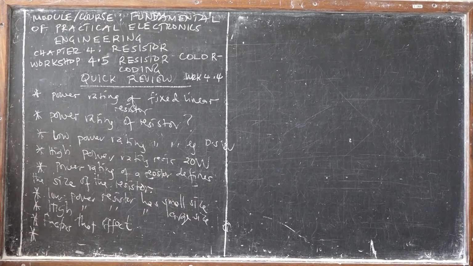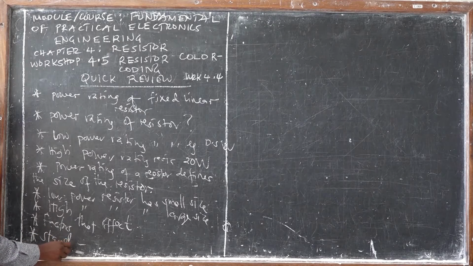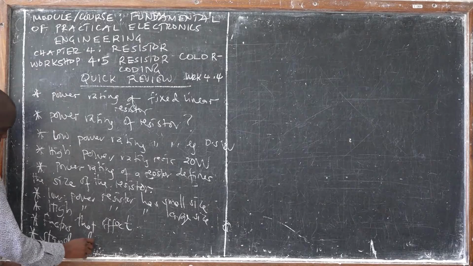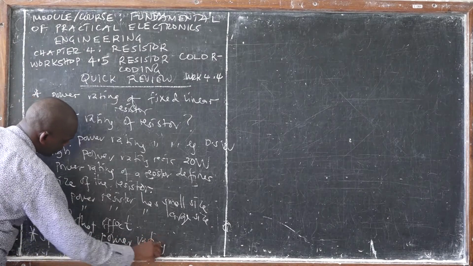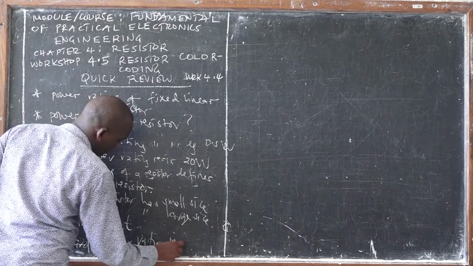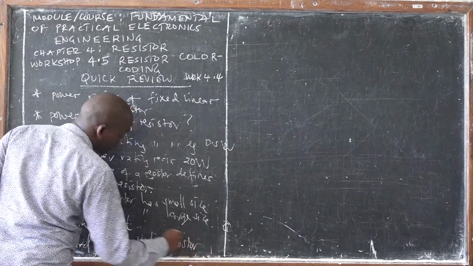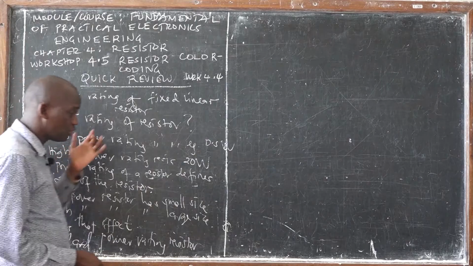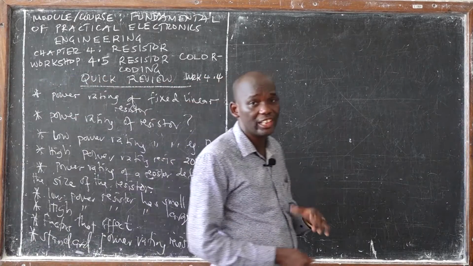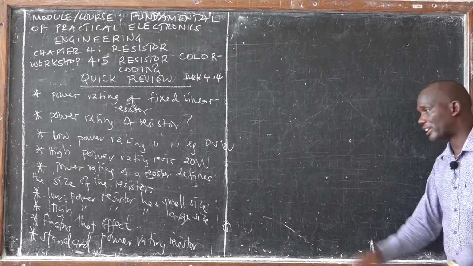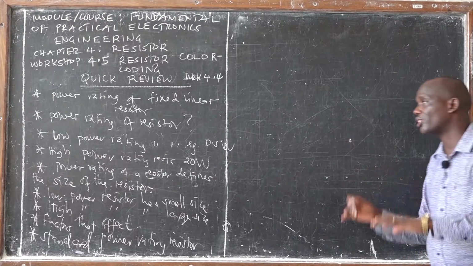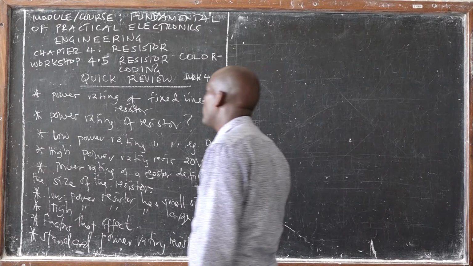At the end of workshop 4.4, I taught you some standard power ratings of fixed resistors, because we're not talking about variable resistors. I will teach about variable resistors in the intermediate level. Are we together? That is the quick review of what we covered previously.